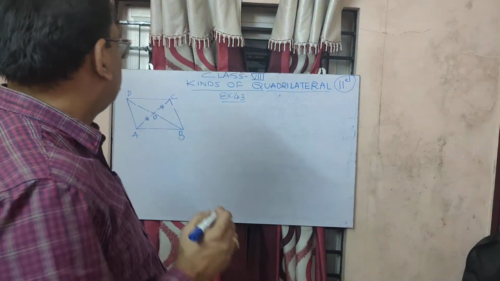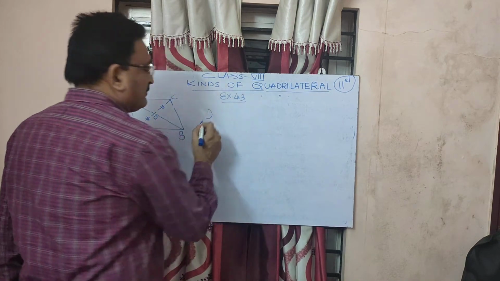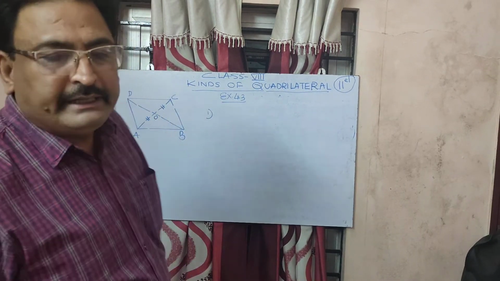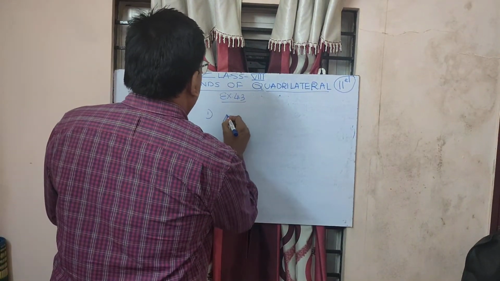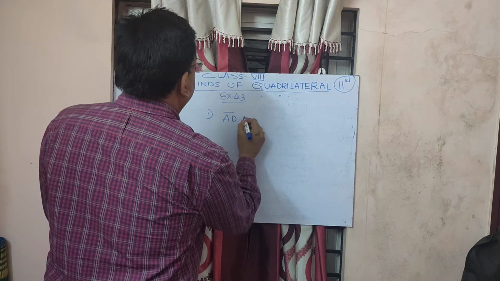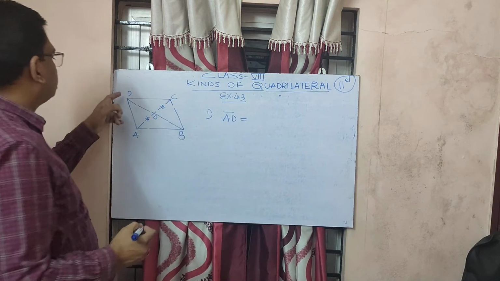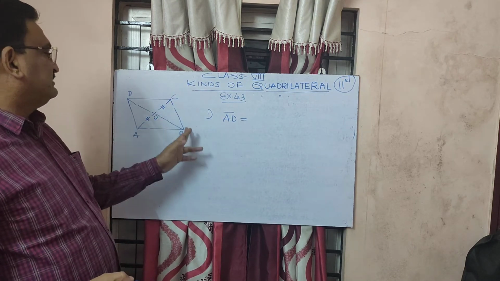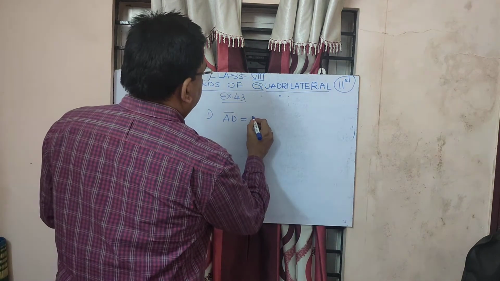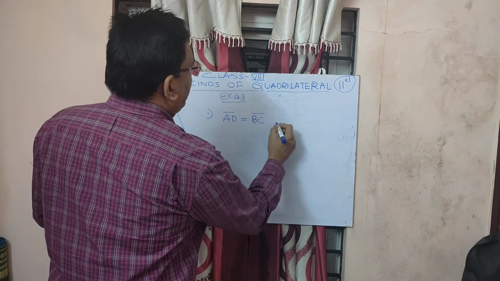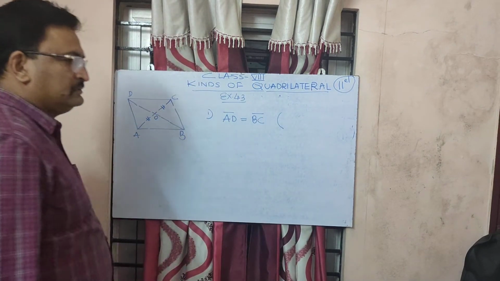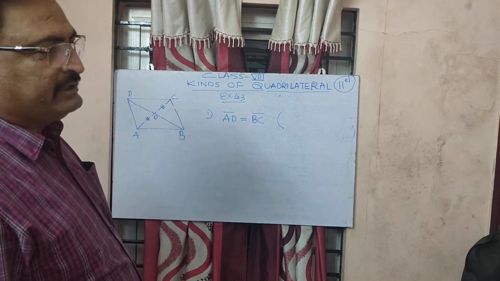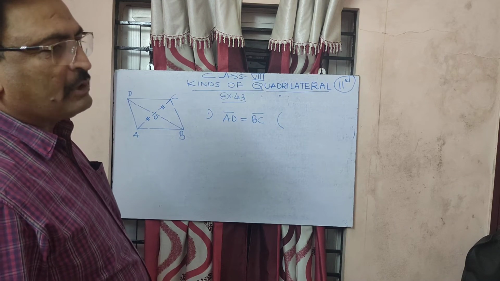The first one. Side AD is equal to what? We know that is BC. Why? What was the property used here?